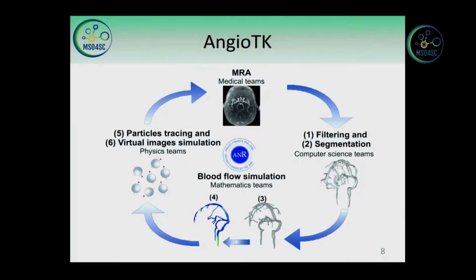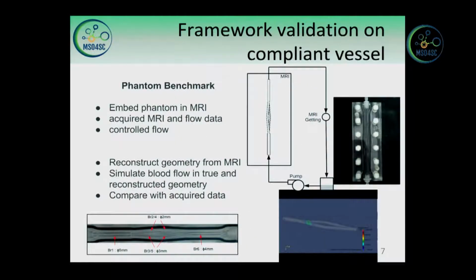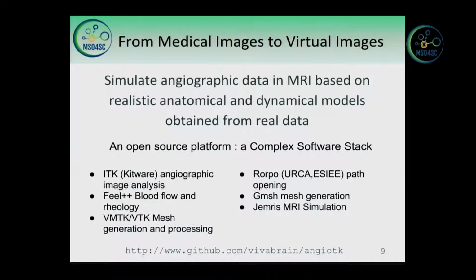Then you reconstruct computational meshes, you do the blood flow, and then using particle tracing and MRI modeling, the Bloch equations, you can reconstruct virtual images and see whether you can reconstruct images that are similar to the actual images that you got from the real MRI. And so that's what we actually did here on this model that we control completely to make sure that we are doing things right.